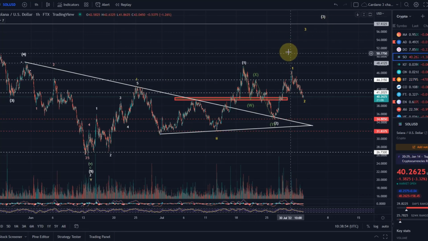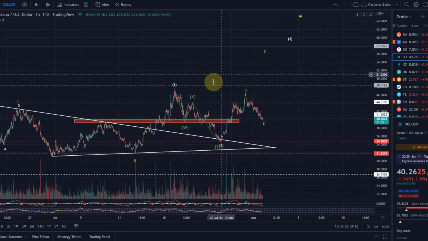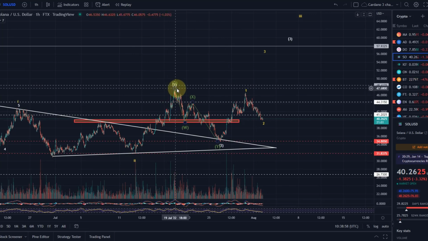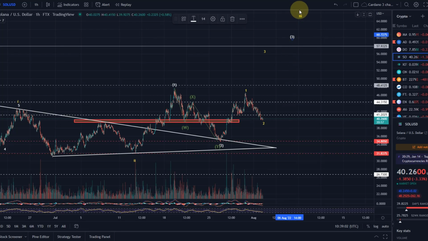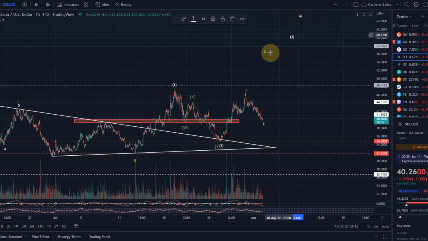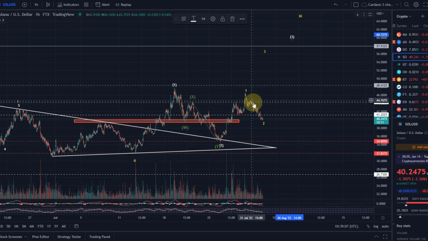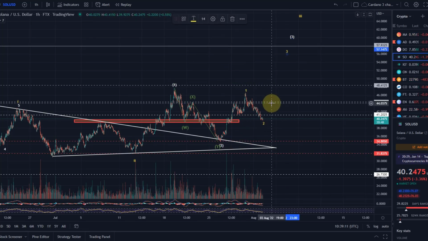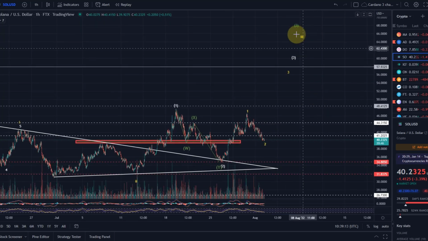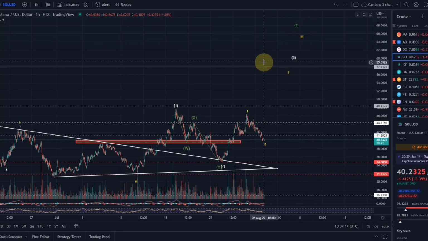In the wave 3, we've now got another 1 and a 2, and we are now in the 3 of the 3. And within that wave 3, we have also done a 1 and a 2, and we would now be ready to wait for a wave 3 to the upside. So again, these are all subwaves of the higher wave degree 3.